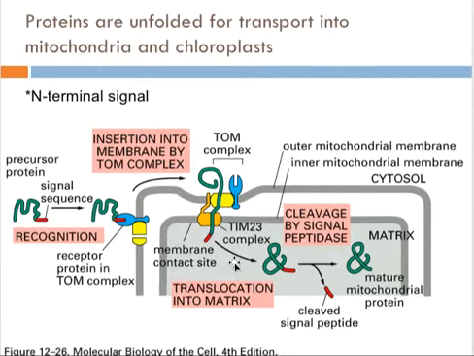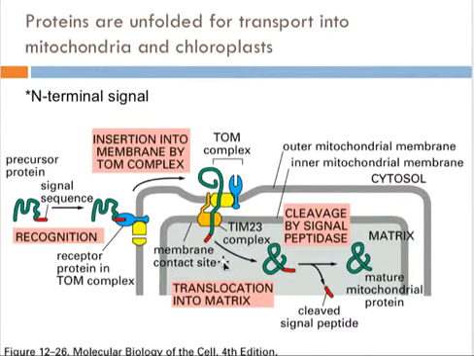It can't move until the TOM complex comes in contact with the TIM complex. Because if it were to move through this right away, it would end up here in the intermembrane space, and that's not where we want the protein to be. So we need to bypass both of the membranes at the same time.